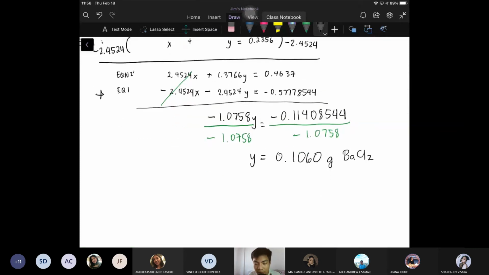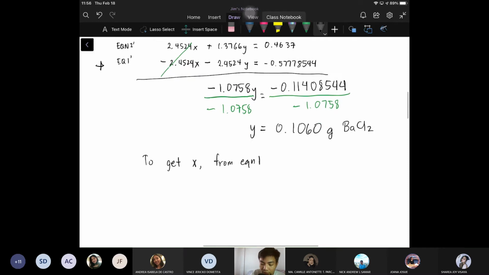To get the value of x, gamitin natin yung original equation 1. Okay, so to get x from equation 1, so ano yung equation 1?